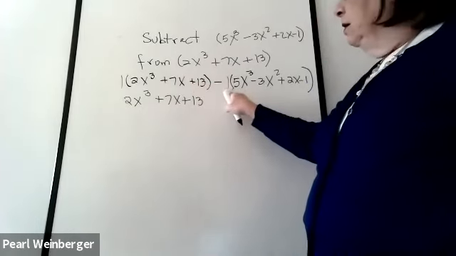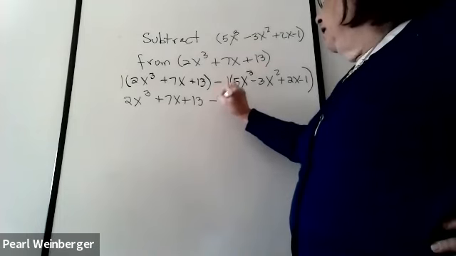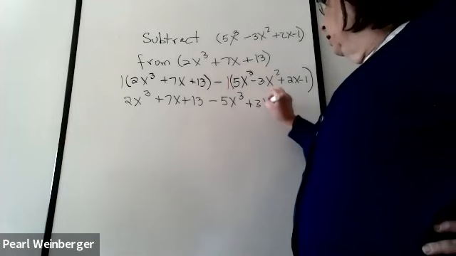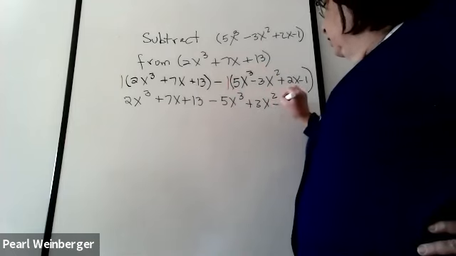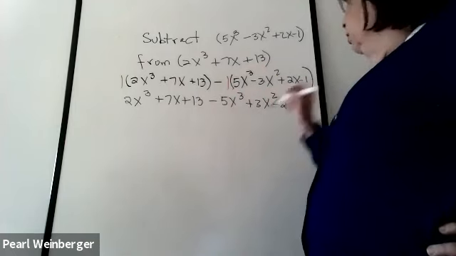And the second polynomial becomes negative 5x to the third plus 3x squared minus 2x plus 1, because when you're multiplying by a negative, all the signs change.